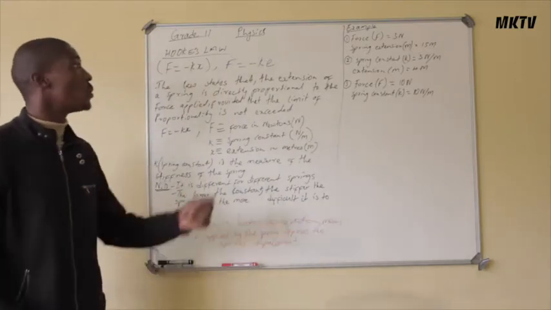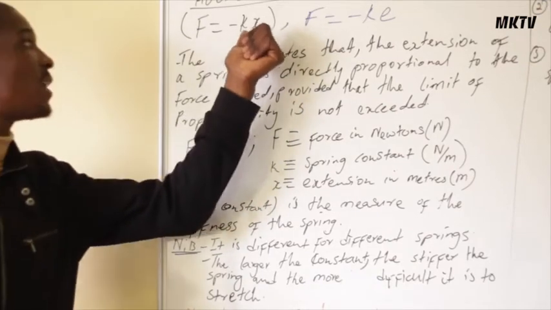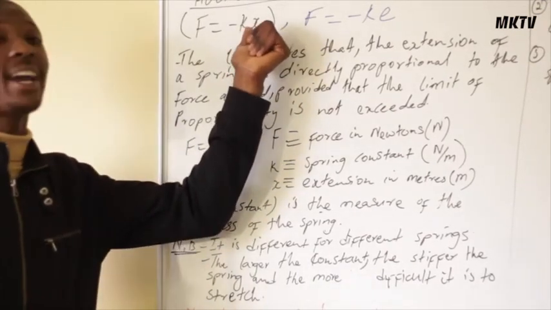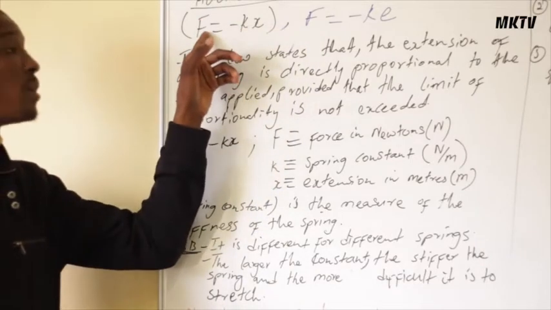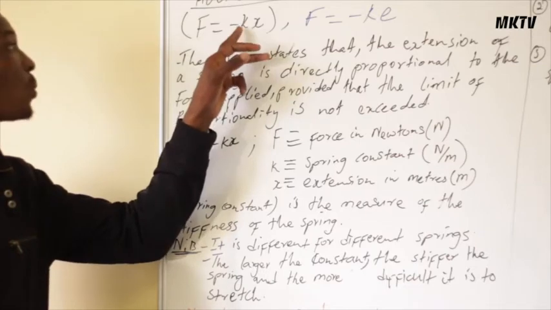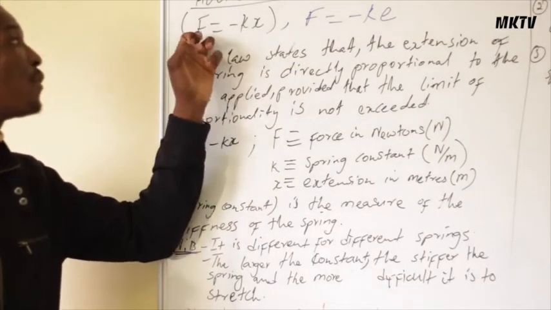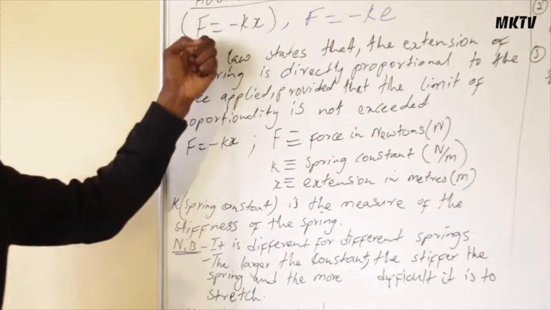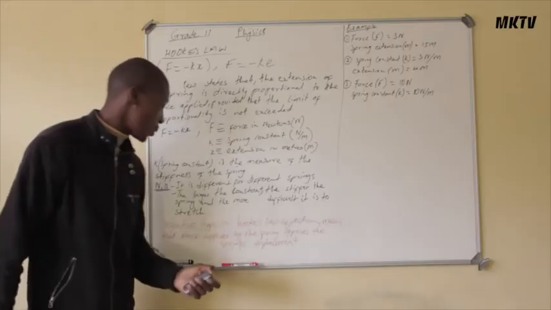That says we will be multiplying the extension with k, the bigger constant. So our force will increase directly proportional to the constant. As the constant increases, the force needed to stretch the spring would be large.